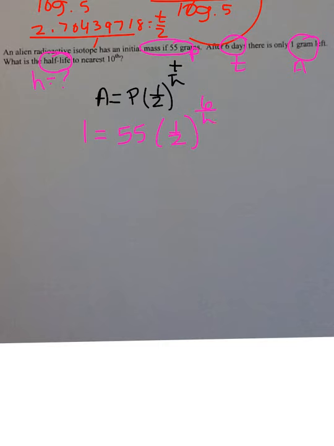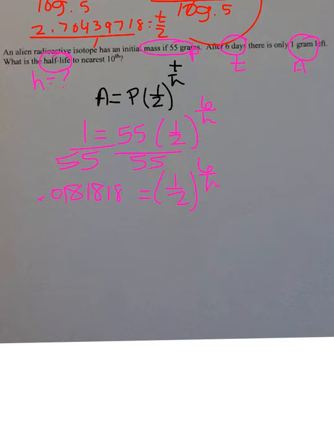Remember, we're solving for the half-life. Again, divide both sides by 55. So 1 divided by 55 is 0.0181818, and it keeps going, equals 1/2 to the 6 over H power.